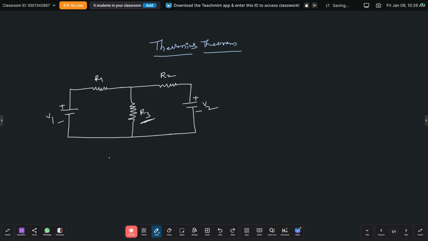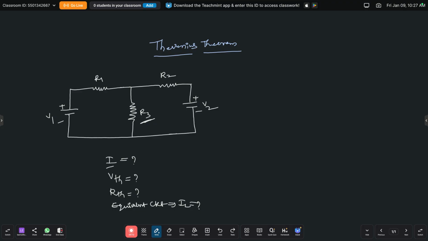First, we need to find the current I, and V Thevenin, and next R Thevenin, and finally, by drawing the equivalent circuit, we need to find IL. That is the total current, the current flowing through resistor R3.